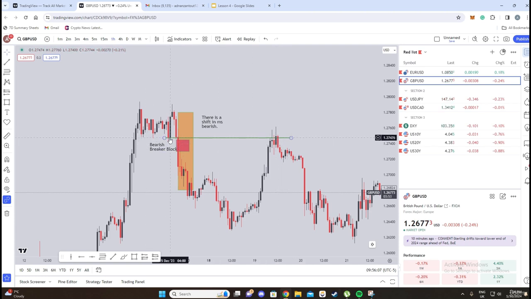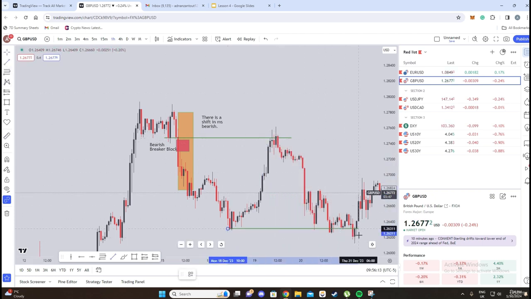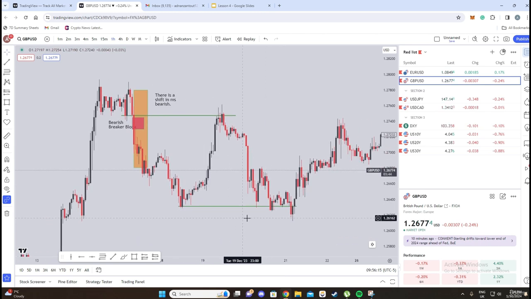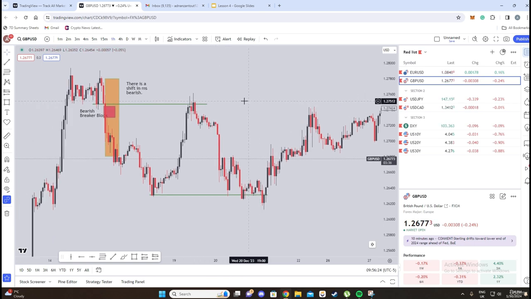Price goes into our bearish breaker block level before repricing lower, targeting where? The sell side liquidity over here. And once it took out the sell side, what's the next step? You guessed it, to this buy side here. And the same thing happens over and over again.